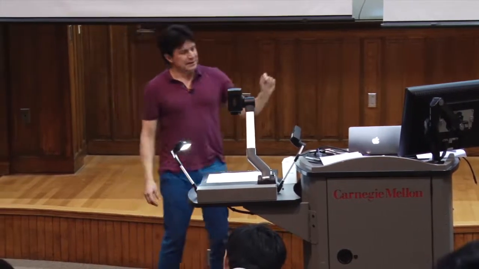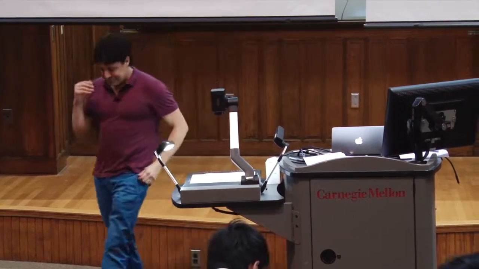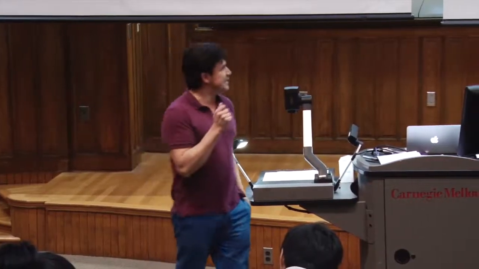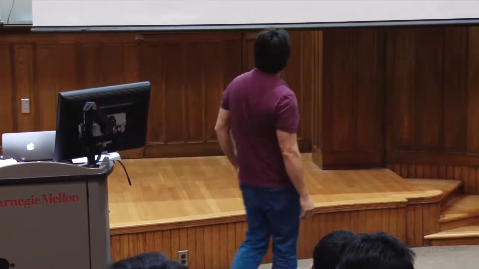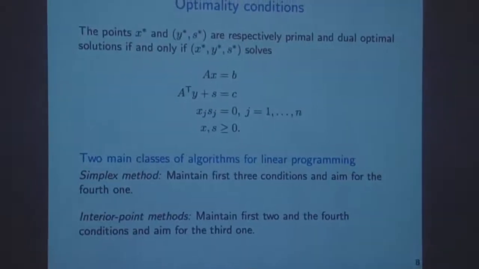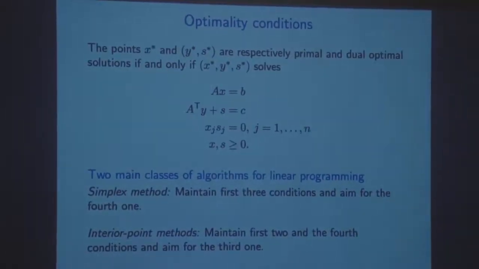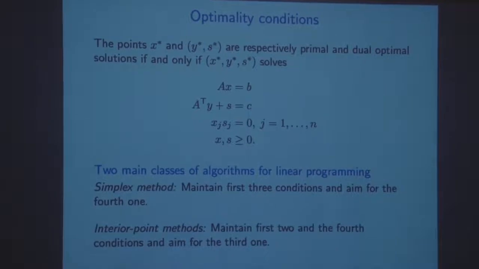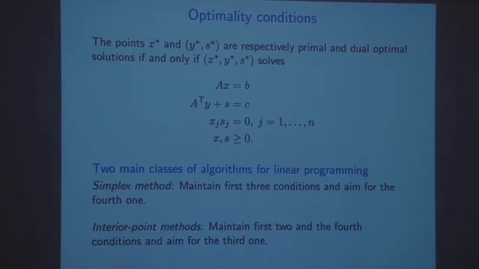So I want to tell you a little bit about where we are headed. The two main types of algorithms for solving linear programming problems are the simplex method, which I imagine many of you have heard or have learned, and interior point methods. The simplex method was the first algorithm that was developed for linear programming, in the late 40s. Interior point methods were created in the 80s. And there is a key difference between how the two algorithms attempt to solve the optimality conditions.